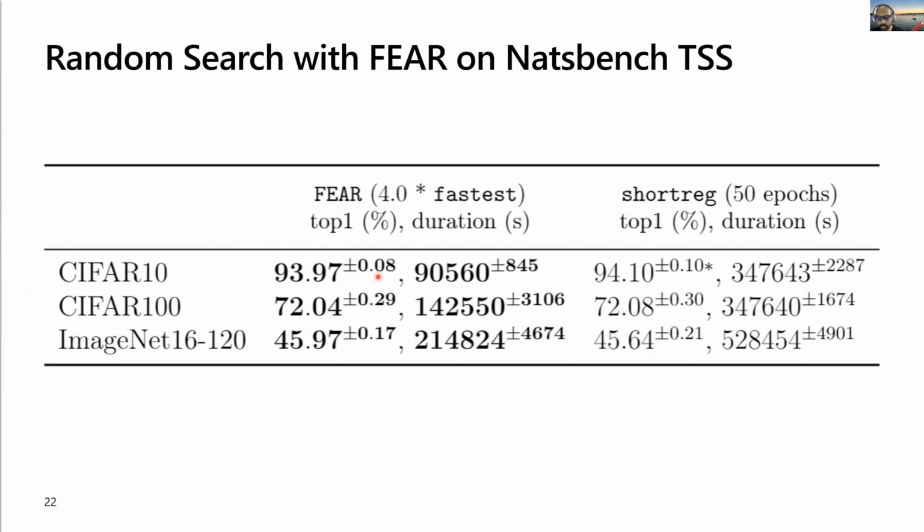You look at the numbers closely, these are the standard error numbers. Each experiment was done 10 times with 10 different seeds. We can usually spend 2.4 times less time to reach that same accuracy ballpark, without having to spend a lot of time evaluating all the weak architectures.